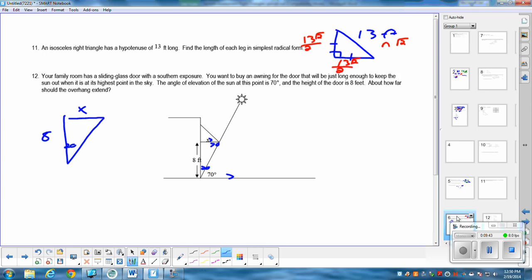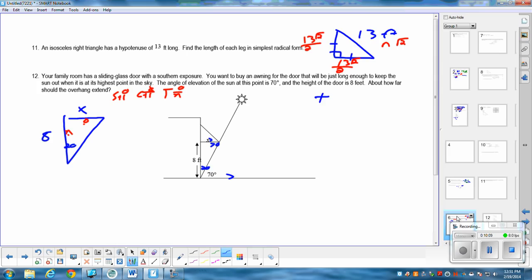We have in this triangle the opposite side to the 20-degree angle and the adjacent side to the 20-degree angle. And we think, okay, so we have sine is opposite over hypotenuse, cosine is adjacent over hypotenuse, and tangent is opposite over adjacent. We have tangent because we have our opposite and our adjacent.